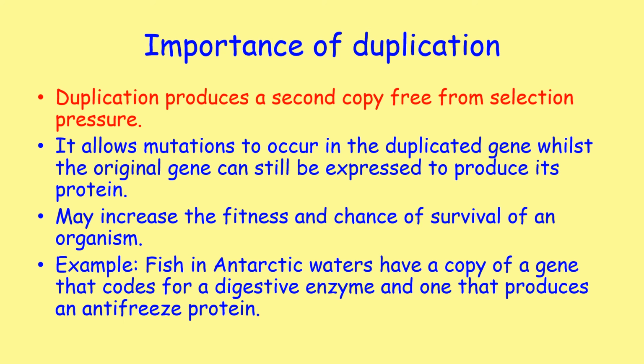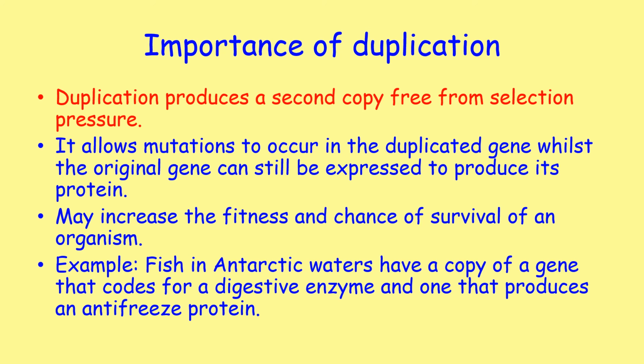Often when we've got a gene producing a protein like that with dual functions, normally through natural selection, one of those functions might be enhanced to the detriment of the other. Over time, that protein might primarily become a digestive enzyme, and therefore it wouldn't help with being an antifreeze protein in the fish's blood.